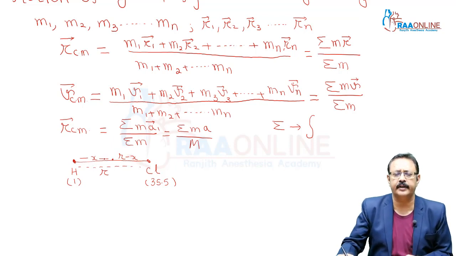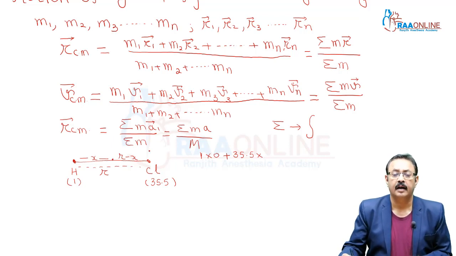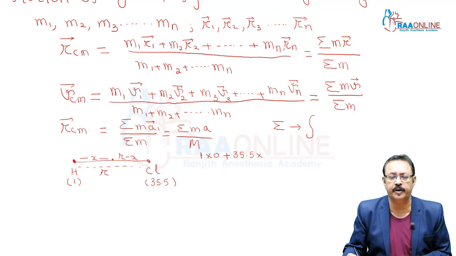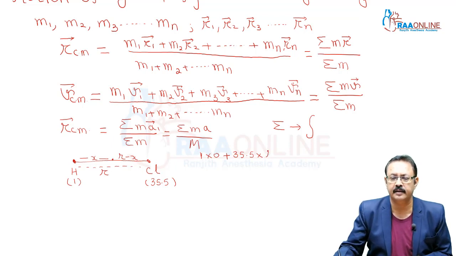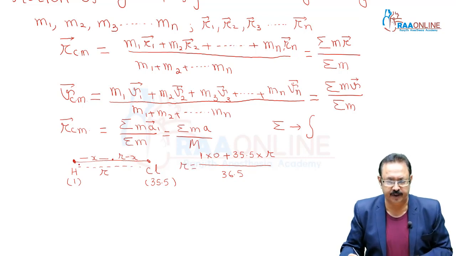What is the formula for center of mass? m1 r1, since I am taking H as origin, so it is 0, plus m2 r2. What is r2? r2 is R, because this particle is at R distance from origin, upon m1 plus m2, 36.5. So you will get the position of center of mass from origin.